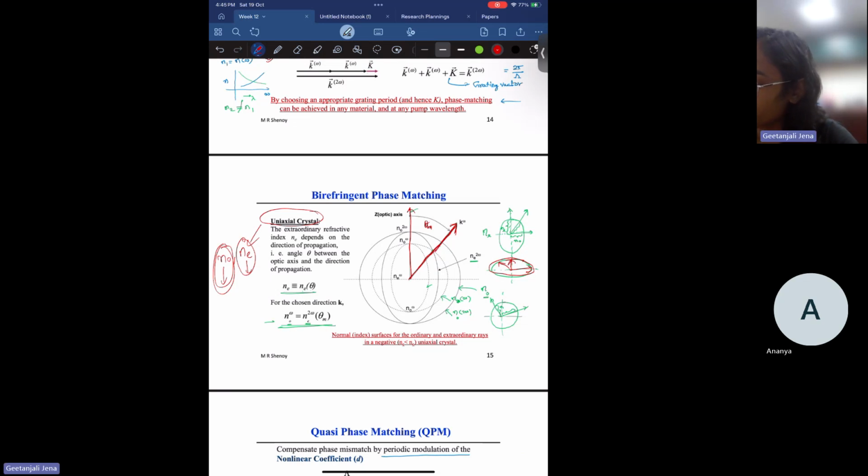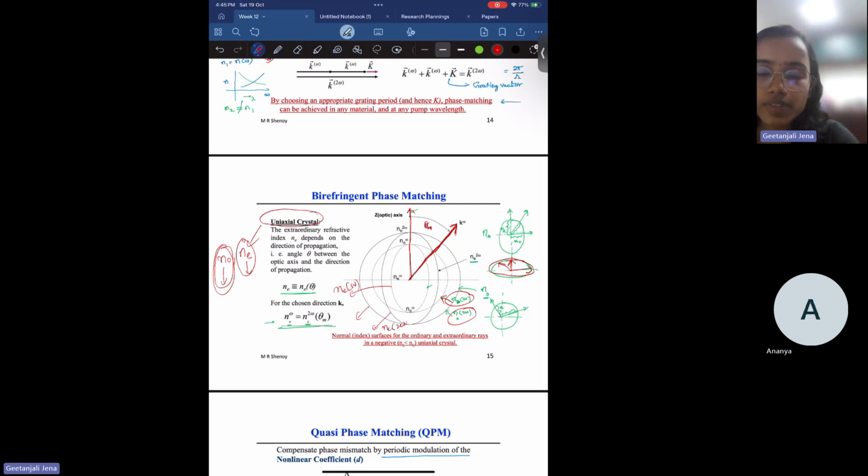Now if you see, the outer circle means the ordinary refractive index at 2 omega, and the inner circle means the ordinary refractive index at omega. The outer ellipse means the extraordinary refractive index at 2 omega, and the inner ellipse is the extraordinary refractive index at omega. Because we have seen that, depending on the omega value, the refractive index will change inside the medium. But if you see the point here, at this point you can see the ellipse and circles overlapping with each other.